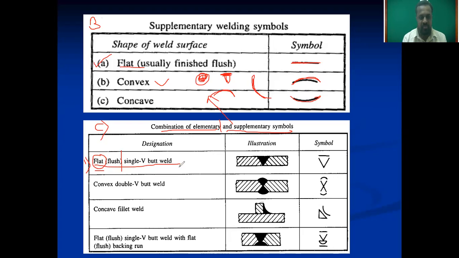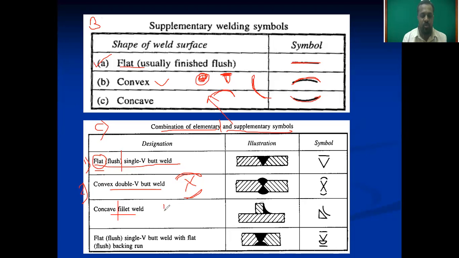Okay, like this. Then next is the convex double V. Convex double V means first we have to carry out the double V butt weld like this, and whatever the surface of this weld is, that surface of the weld should be convex, like this. Okay, concave fillet, we know that. Again, we have to split this.